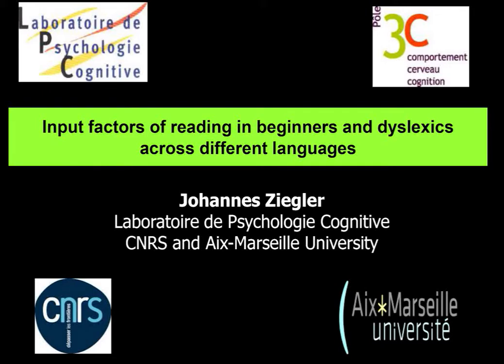I've been asked to talk about input factors of reading in beginners and dyslexics across different languages. I will try to do this by referring to a computational model. For our translators, it's a computer model, like a simulation model. In a way, our talk and the one that just preceded me by Hugh Cates will be quite complementary.